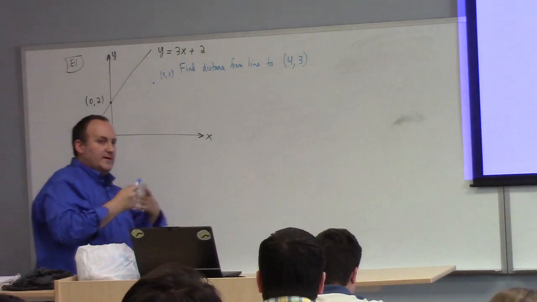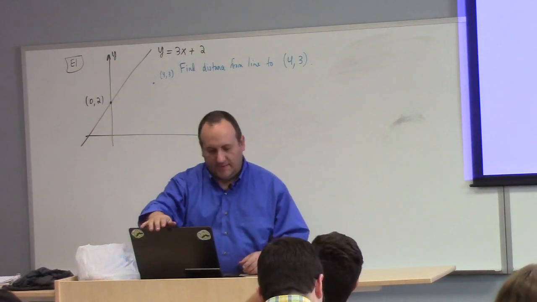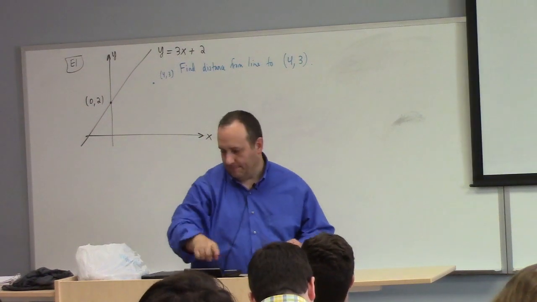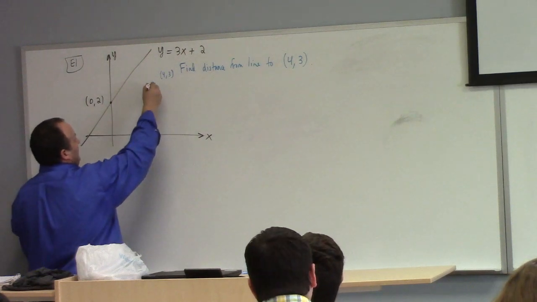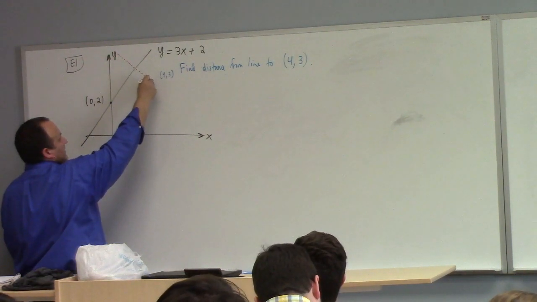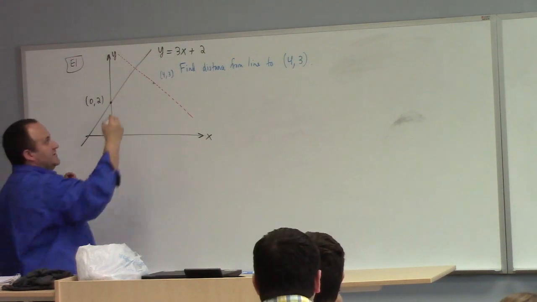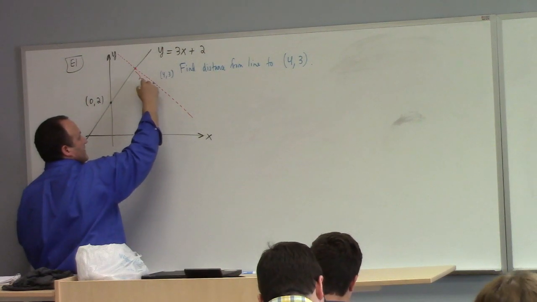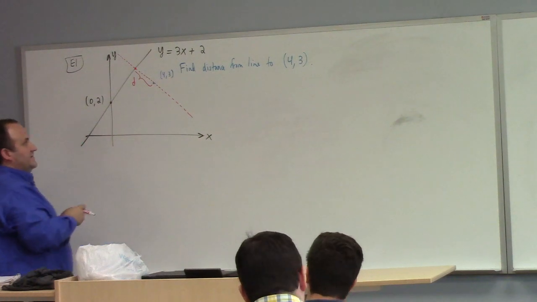How do we find the distance? Yep, I was going to say, wasn't this the one where we calculate the perpendicular line and see where the point of intersection would be? Right, exactly that. So we want to find the perpendicular line, like this maybe. The point where that intersects will give us the point on the line which is closest, right? So this right here is the distance that we want to figure out, the distance d.